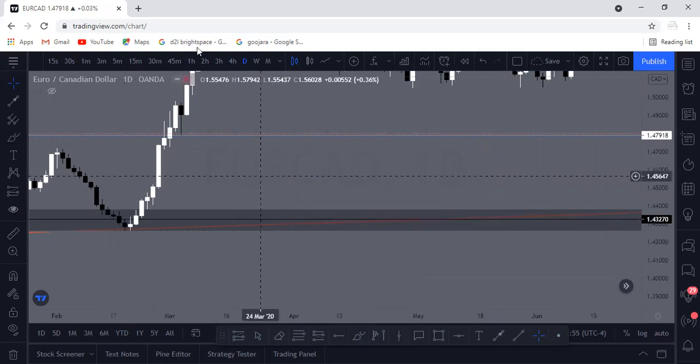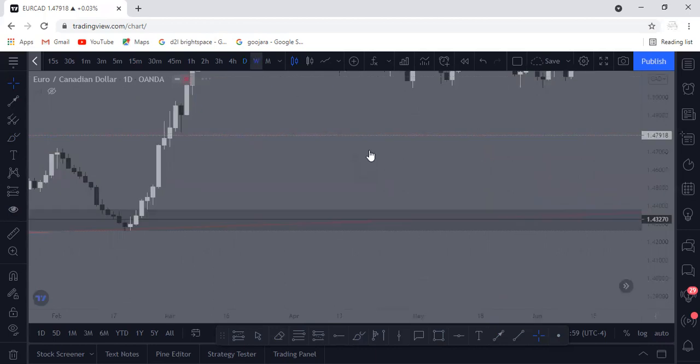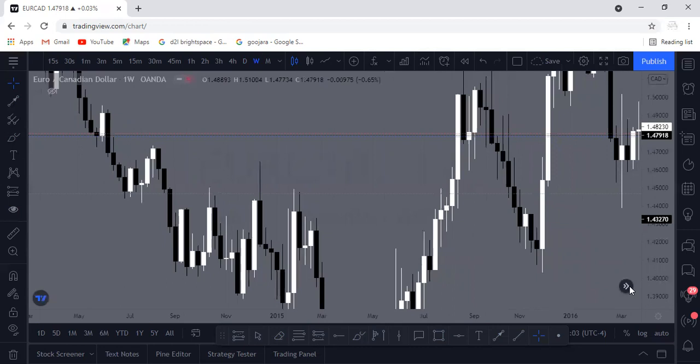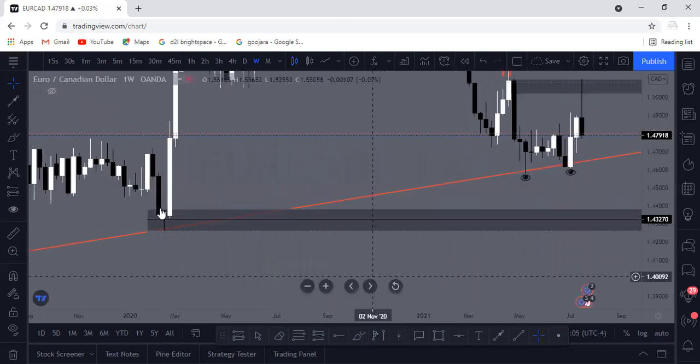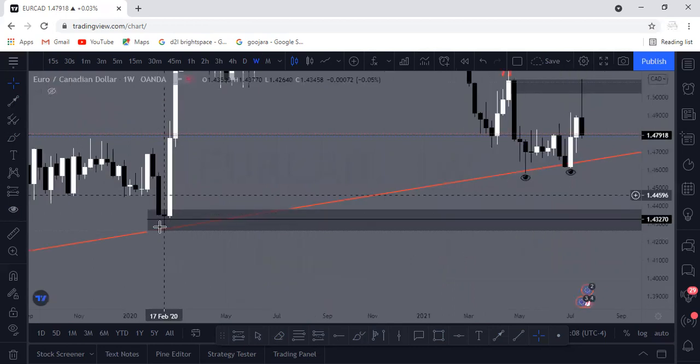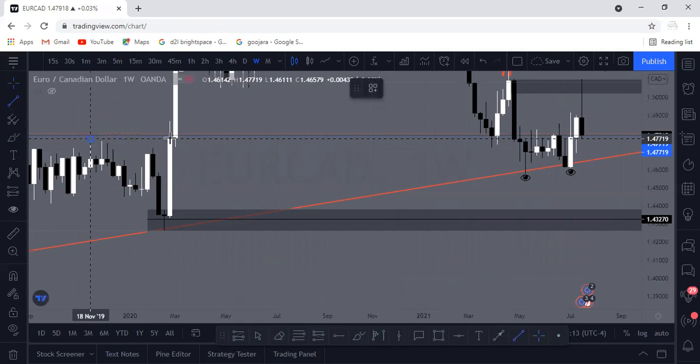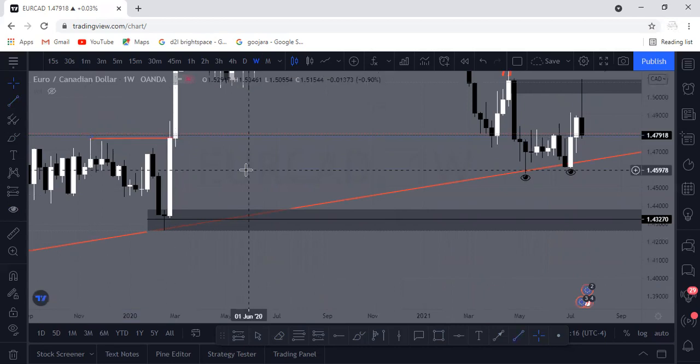It looks good on the weekly time frame, this one. This sell to buy, it looks good here. It even broke the structure to show that this order block is indeed valid.